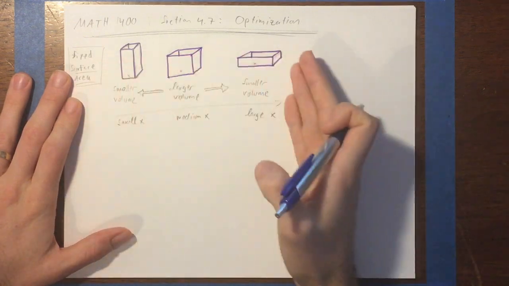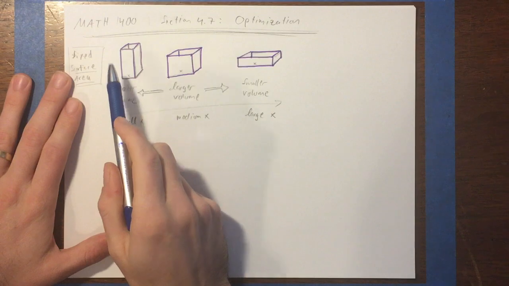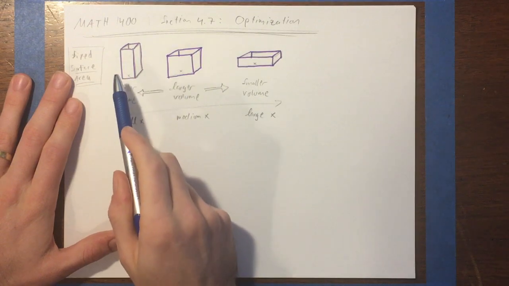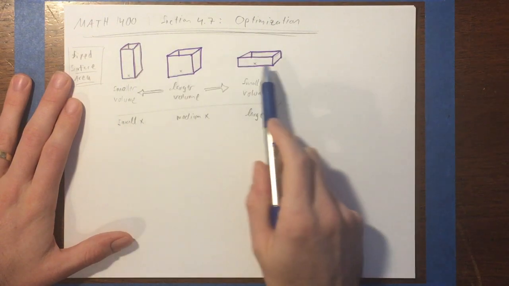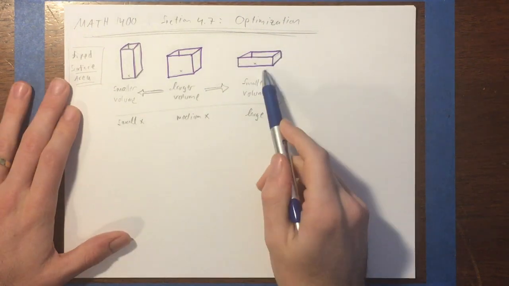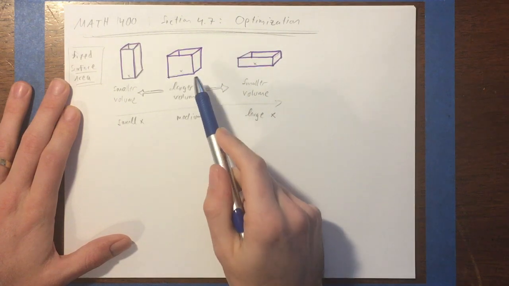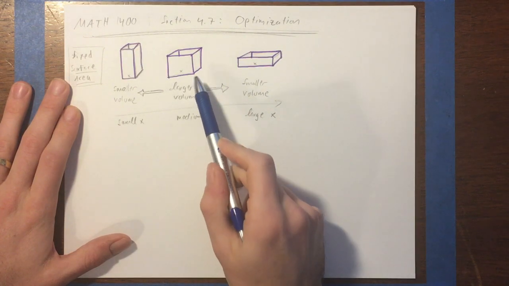And so you have this range of situations, and what happens is, in the extreme values, when you have a very tall, skinny box, you actually have a small volume. And when you have a very short, wide, shallow box, you also have a small volume. And somewhere in the middle, there's a sweet spot where you have a maximum volume.